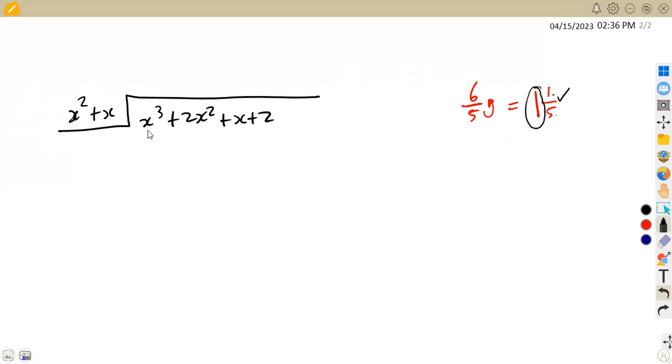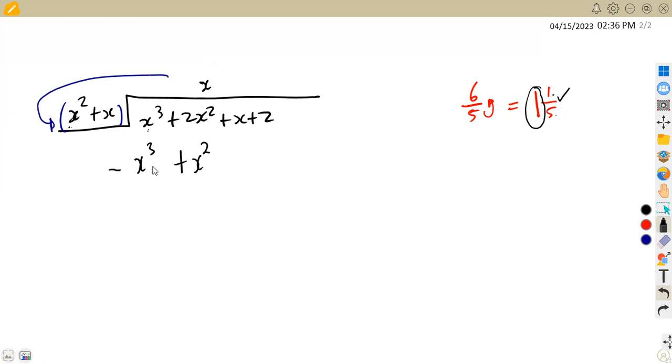All right, dividing the first term by the first term, x cubed divided by x squared is x. Then whatever you obtain, you multiply back everything here. x times x squared is x to the exponent of 3, and x times x gives us x squared.